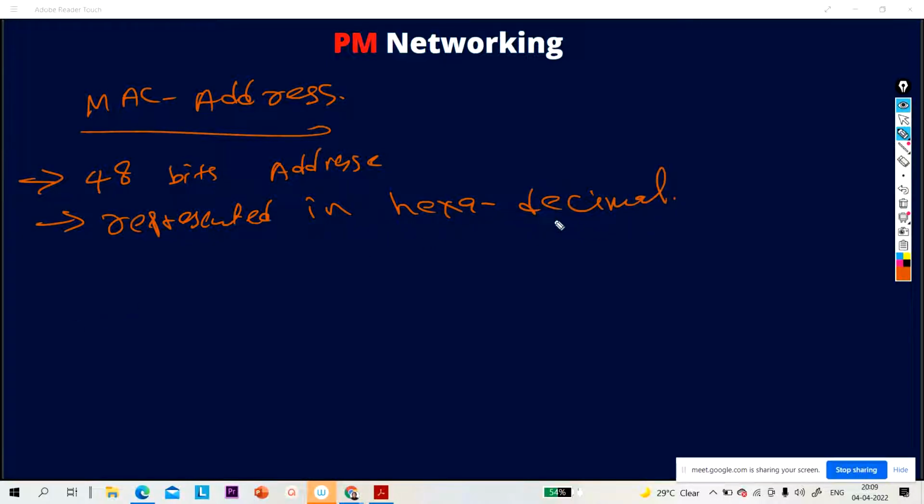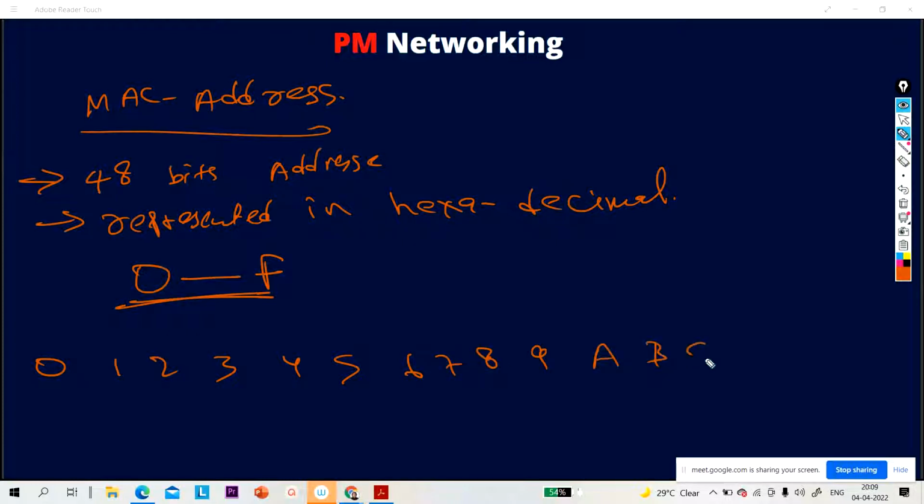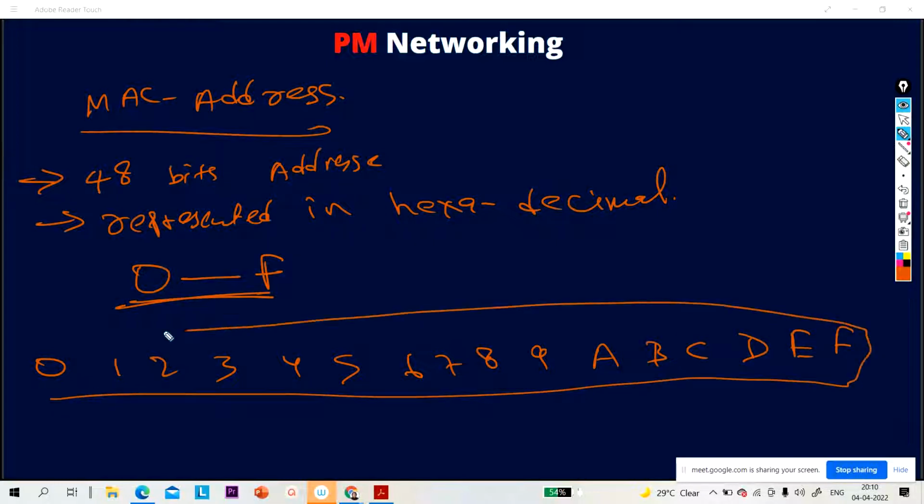Guys, in hexadecimal there are 16 characters starting from 0 to F, like 1 2 3 4 5 6 7 8 9 A B C D E F. These are 16 characters. Right, this is hexadecimal.